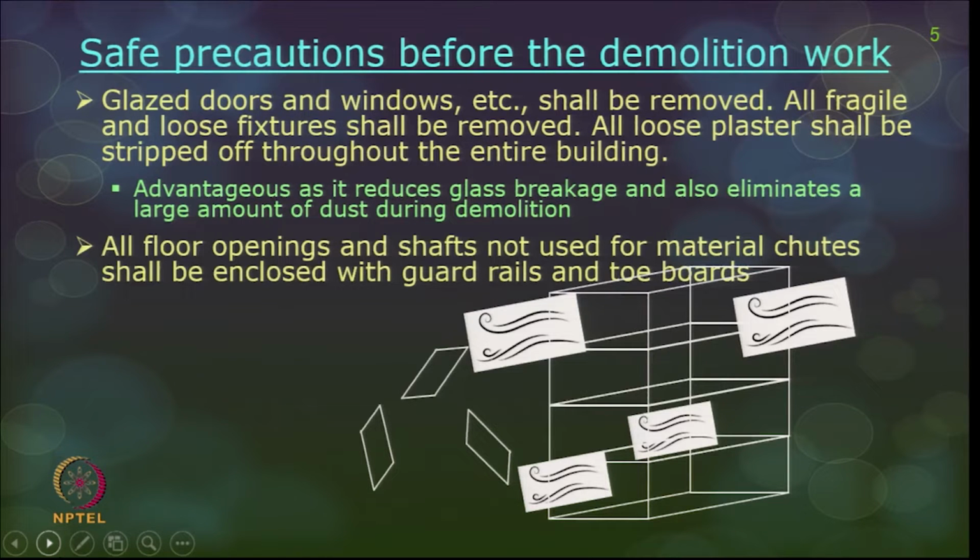And loose plasters also should be stripped off throughout the entire building, so that you can reduce the quantity of dust which comes out as a result of demolition. So, the advantages of removing the glass and plastering are to avoid glass breakage and other safety hazards, and also to eliminate a lot of dust which comes as a result of demolition.